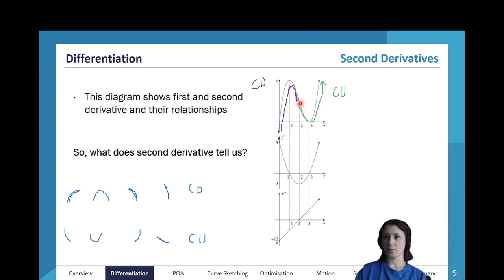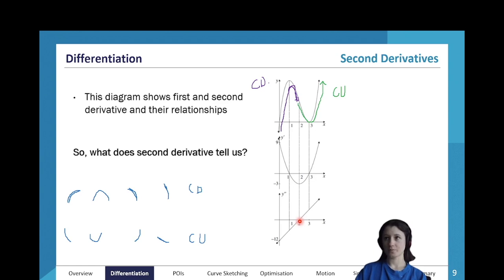This point of inflection here, where the concavity changes, as you might be able to tell, we actually have a stationary point on the first derivative here and an x-intercept of the second derivative here.